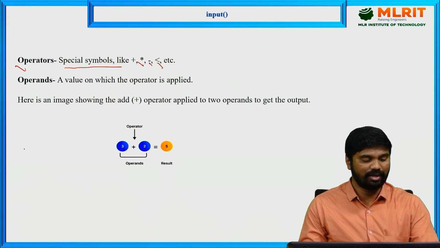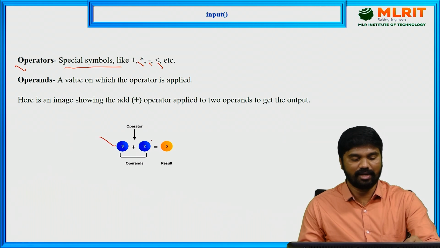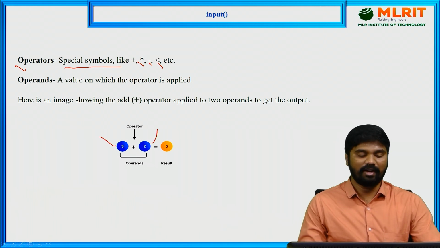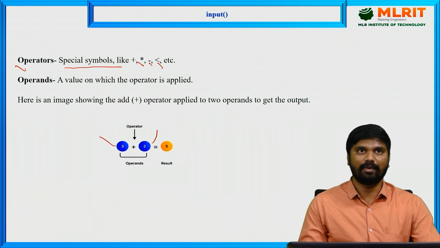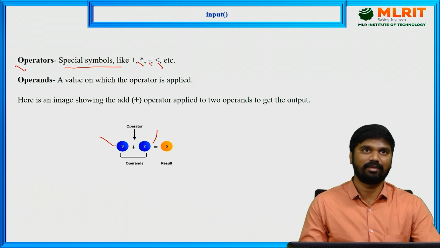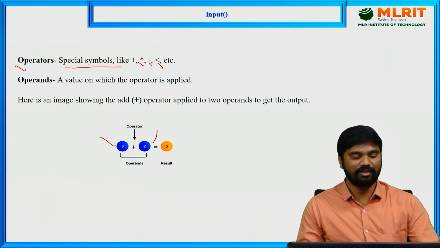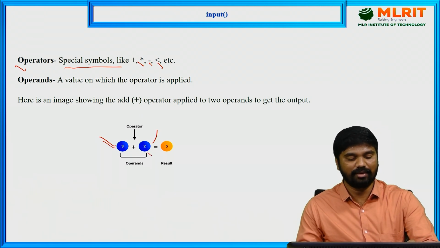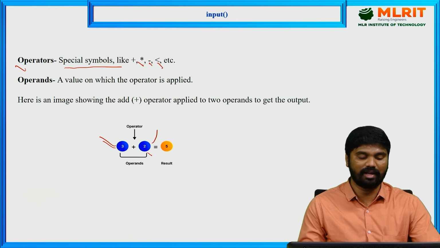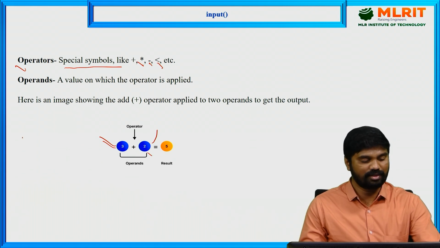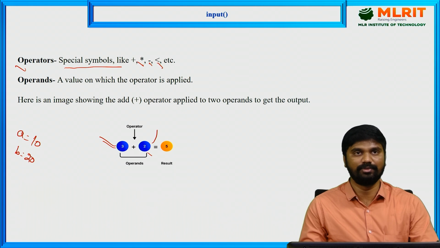For example, here 3 is there and 2 is there. Whenever we perform the addition operation, these 3 and 2 are called operands. For example, A equals 10 and B equals 20.